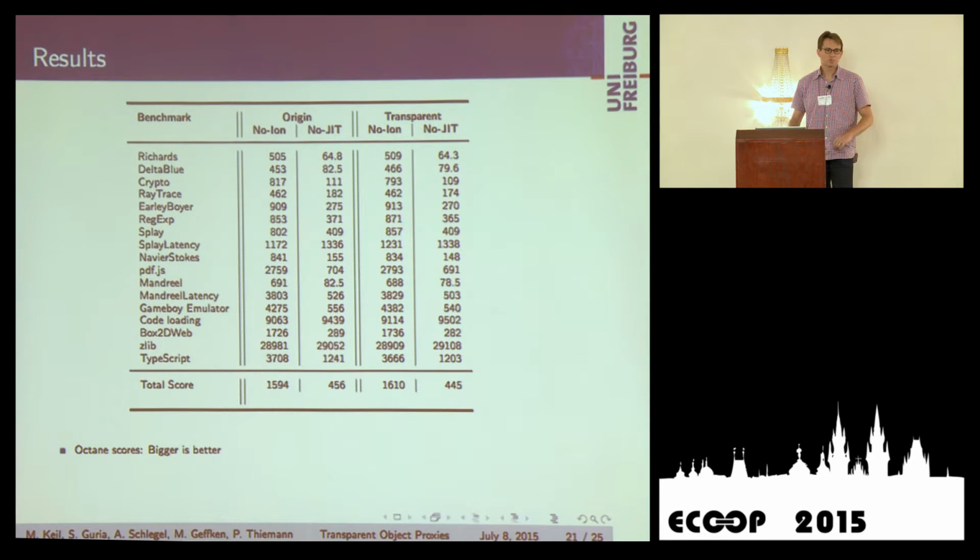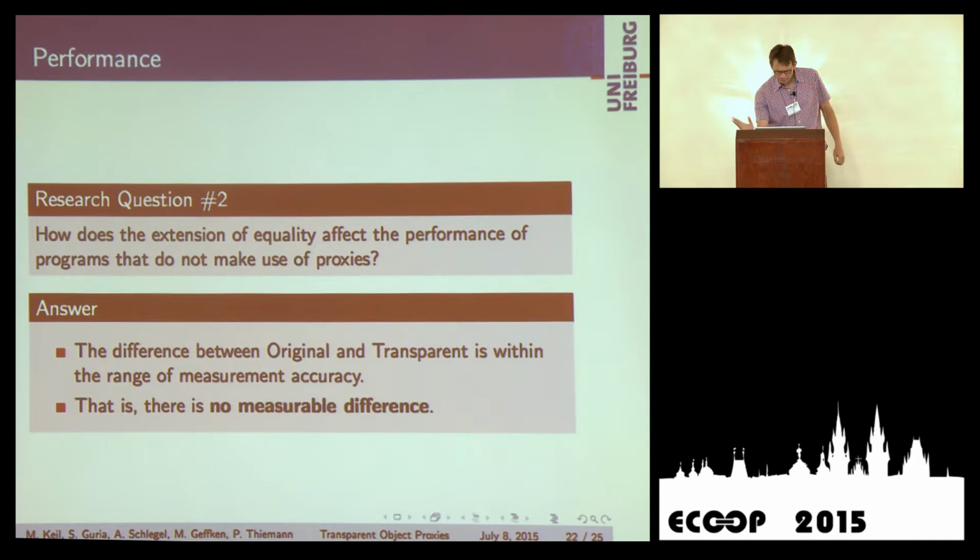If you run the benchmark a couple of times, you have small fluctuations in the numbers. For example, this is already compiled code, so it's less than 1%, which is actually within the usual fluctuation of the Octane scores. So essentially, the difference between original and transparent is within the range of measurement accuracy, which to the best of our knowledge means there's no measurable difference.